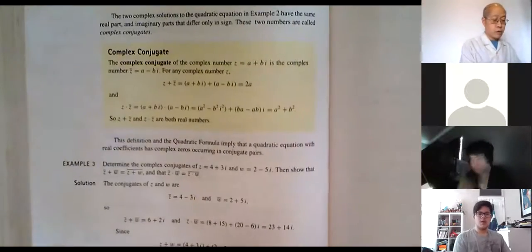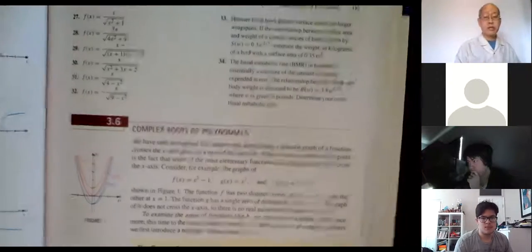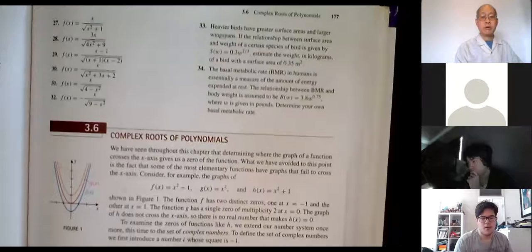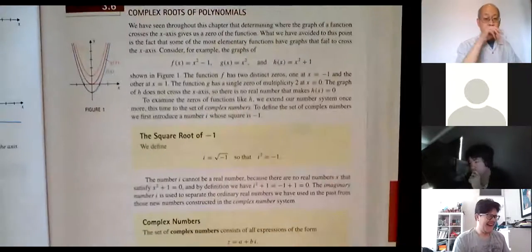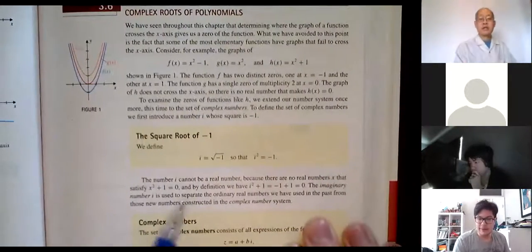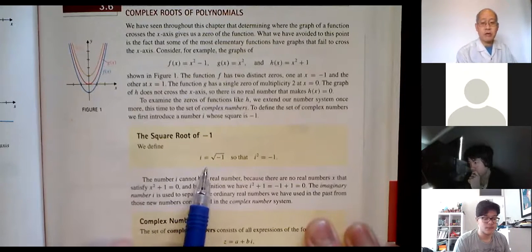All right, so in 3.6, we're doing complex numbers. You may have been introduced to this in intermediate algebra, hopefully. Complex roots of polynomials. Okay, so the first thing we're going to do is define the square root of -1. So i is defined to be the square root of -1.